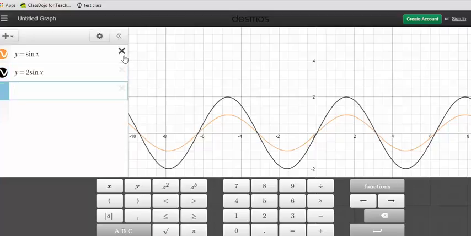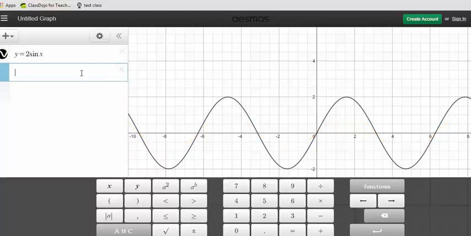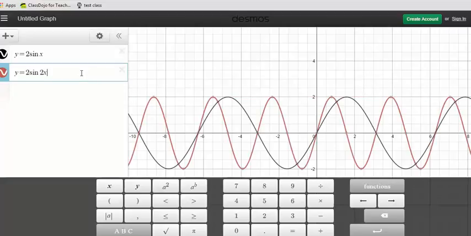Let's hide that one away now. Let's do the dilation from the y-axis. See what's happening there? It's getting compressed. It's getting closer to the y-axis. So that's dilation by a factor of 1/2 from the y-axis.